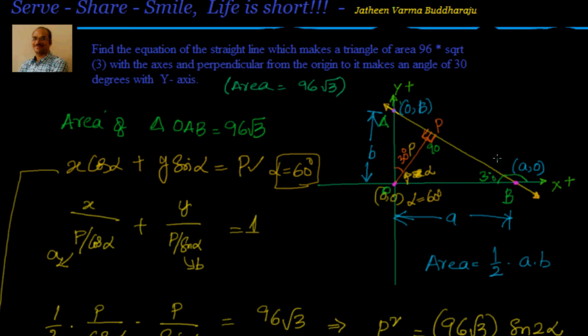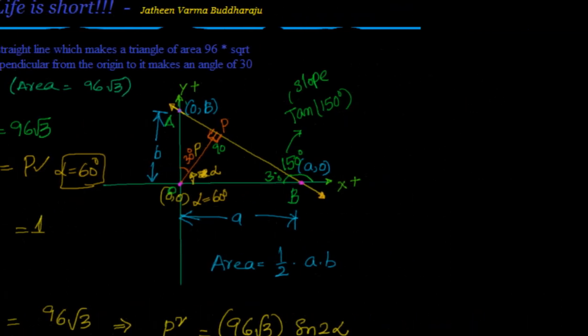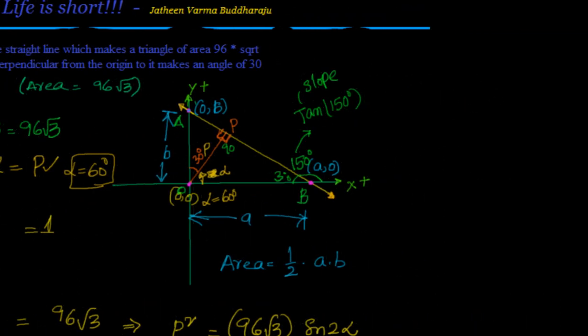So the exterior angle here is 150 degrees. This is tan of 150, which is the slope of this line. I'll give you a little bit of a hint so that you can take it forward from there.